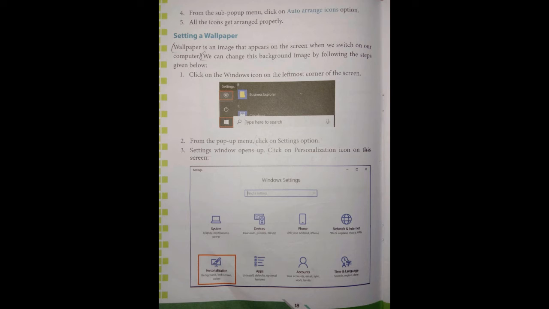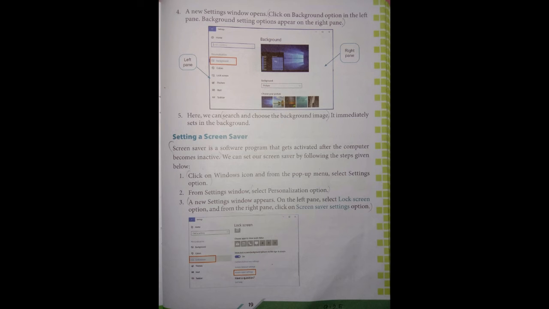Next, the settings window opens up. Click on the personalization icon on this screen. A new settings window opens. Click on the background option in the left pane. Background setting options appear on the right pane. Here we can search and choose the background image according to our own choice.